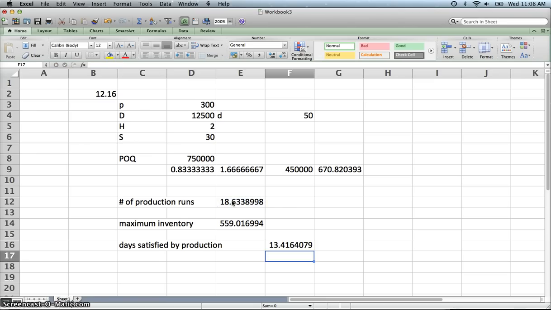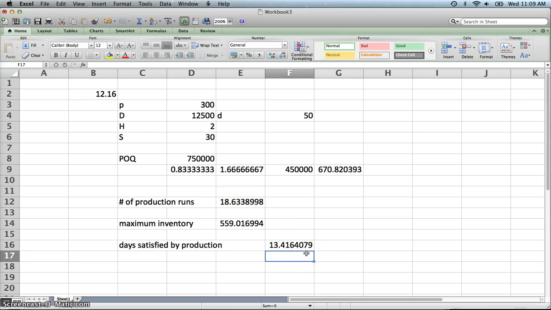And what that tells us is 13.42 days, that basically every time we produce, we meet 13 days of demand. This is the number of days in between production, that we can meet the demand for 13 days by producing every 18 days.